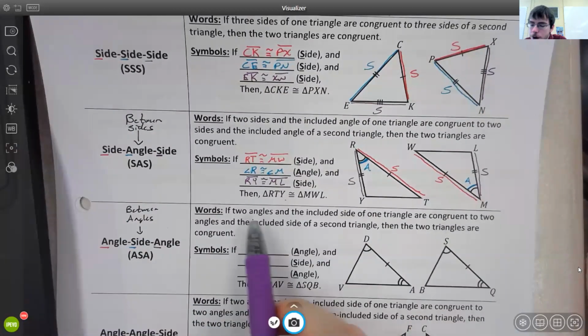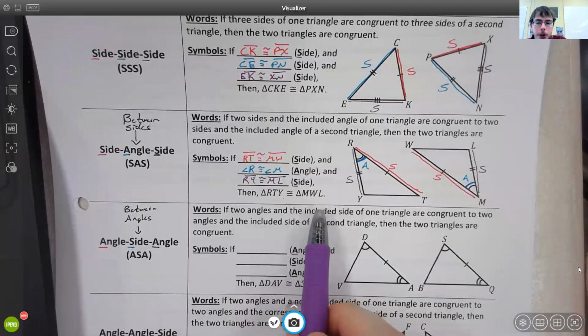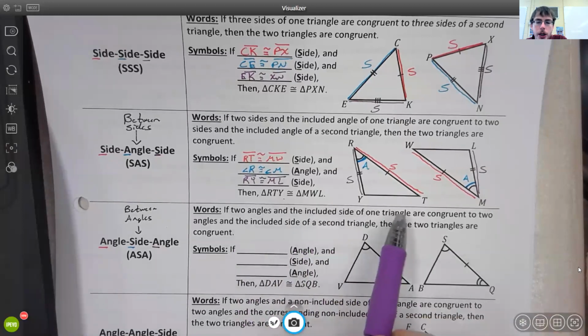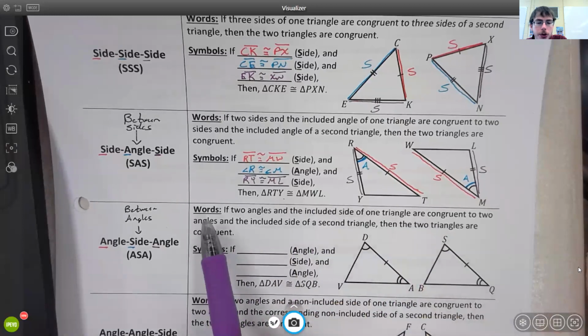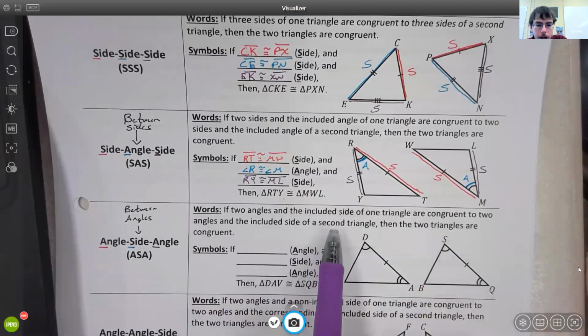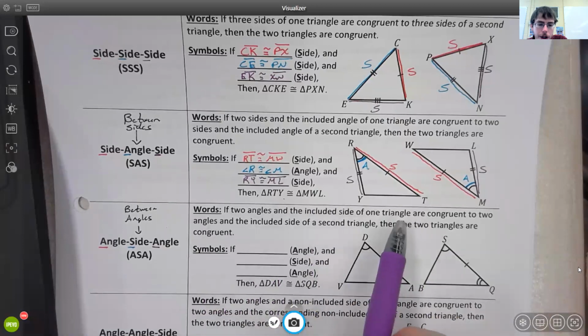And this one says if two angles and the included side, remember, included side will just mean they're between the angles, of one triangle are congruent to two angles and the included side of a second triangle, then the two triangles are congruent. So we have to start out with our angle here, then go to side, then angle.